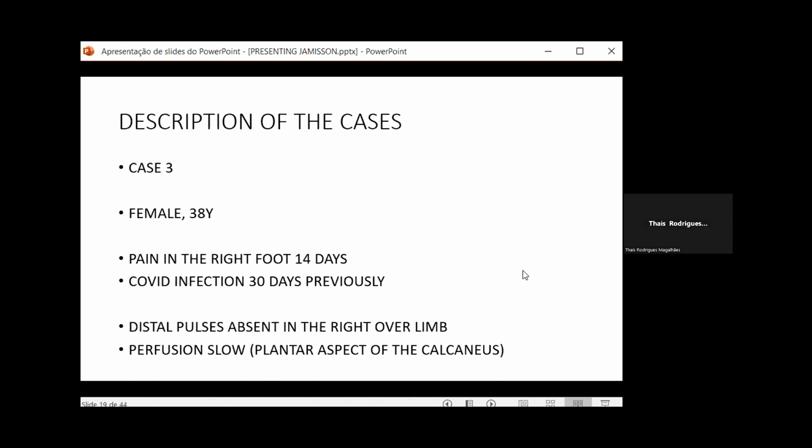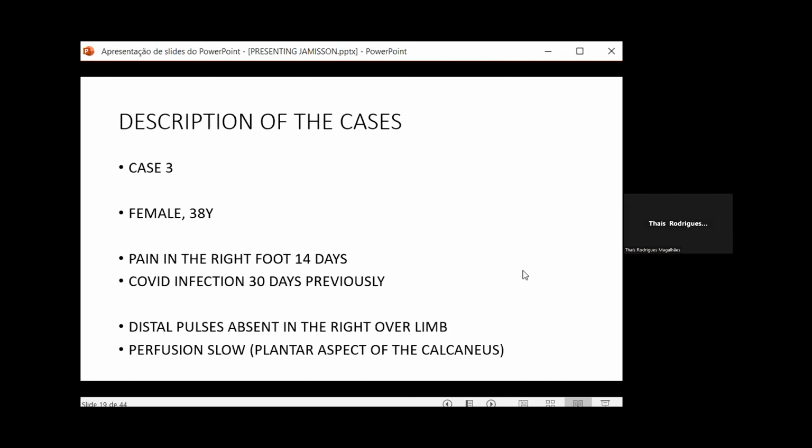Case three was a 38-year-old female complaining of pain in the right foot for about 14 days, worsening over the previous 24 hours. She had had COVID-19 infection around 30 days earlier, and on examination the distal pulse of the right lower limb was absent and the perfusion was low, especially in the plantar aspect of the calcaneus.